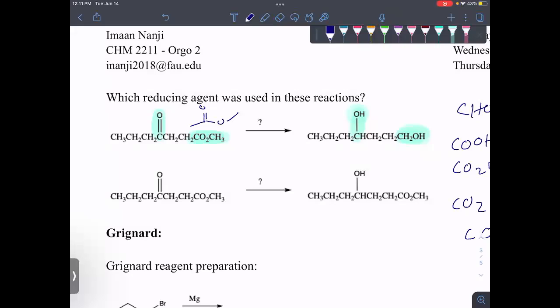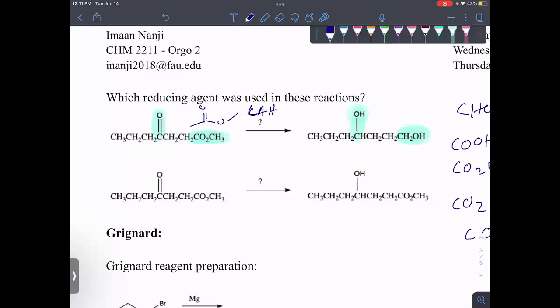But we also reduced the ester, right? Yeah, exactly. So going from here to here, we had a ketone and ester. In the final product, both the ketone and the ester turned into alcohols. So both of them were reduced. And there's only one reagent that can do that. Only the lithium one can reduce both functional groups. So we had to have used the lithium.